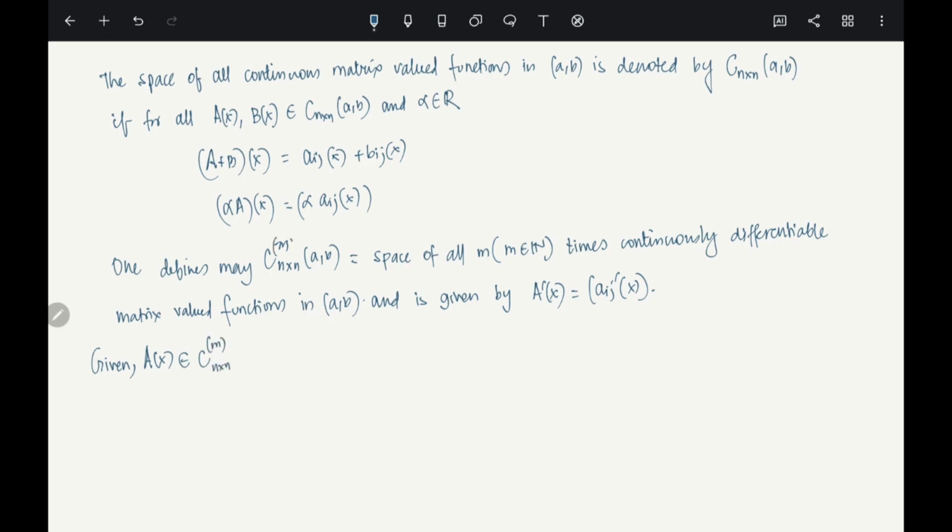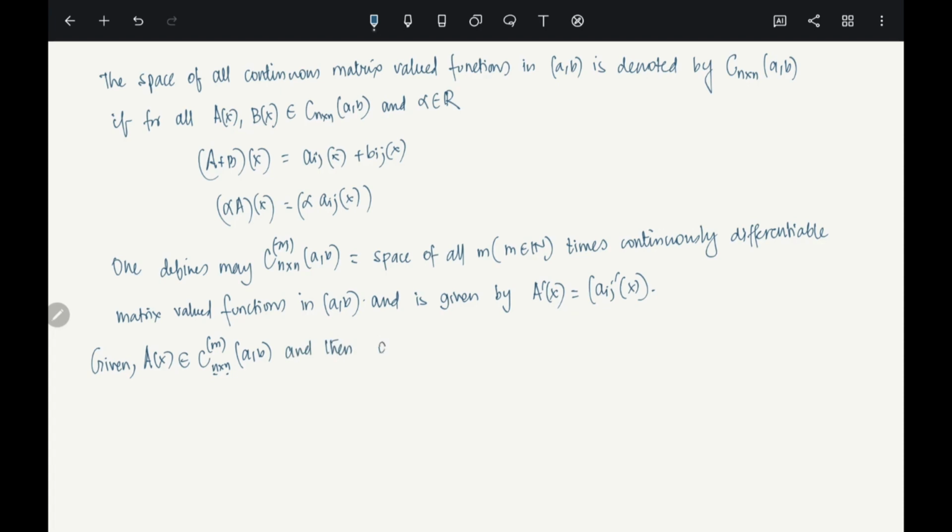The notations are quite a little complicated, so we have to keep that in mind. What specifically this means is we are looking at n cross n matrices where every entry is at least m times continuously differentiable. That's what it says, nothing special, and the functions all are defined on [a,b]. So if we are starting with A(x), which lies in this space, then what happens?